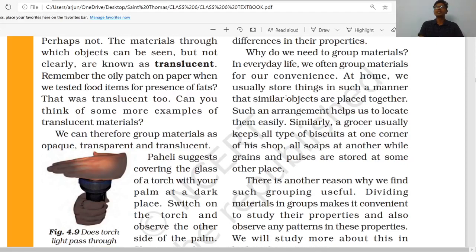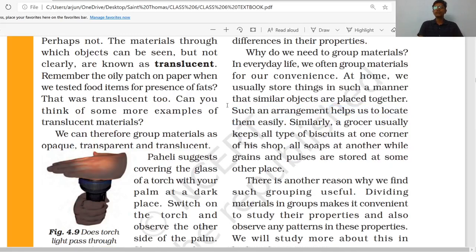All the items which come under the category of food, or are needed to make food, are kept in the kitchen. Such an arrangement helps us to locate them easily.